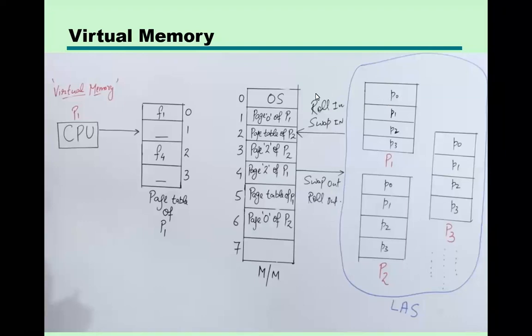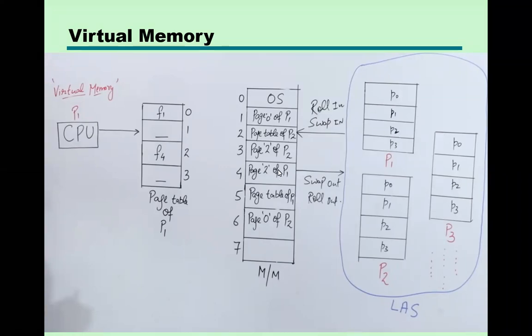Now there is a concept of roll in, roll out, or you can say swap in, swap out. What is swap in, swap out? Swap in means if the CPU requires a particular page of a particular process, we have to load that page into the main memory. While you are loading this page, it is a swap in, right?